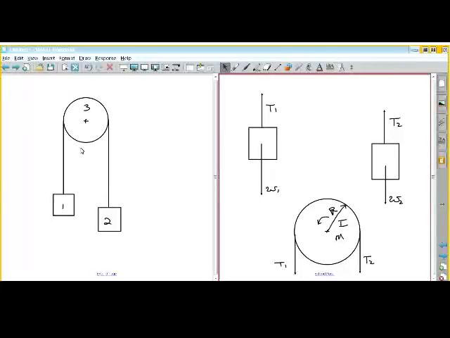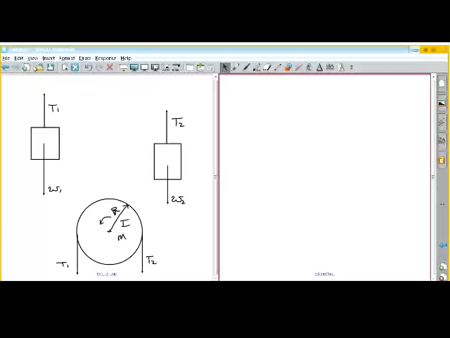Now, why do I emphasize this particular problem so much? It's because this arrangement will give you a constant torque as these masses fall. They're going to give you constant tension. Everything's constant.